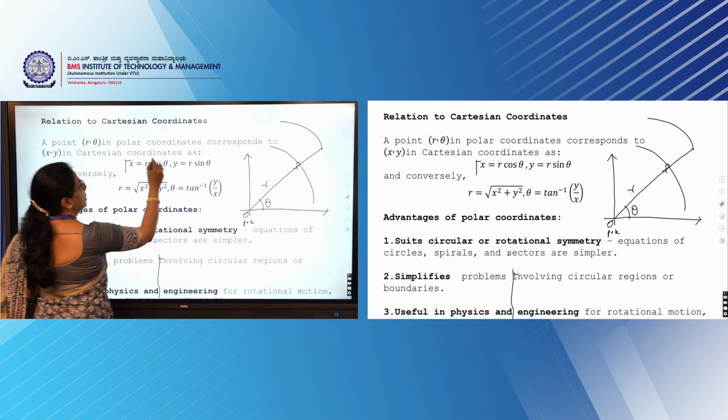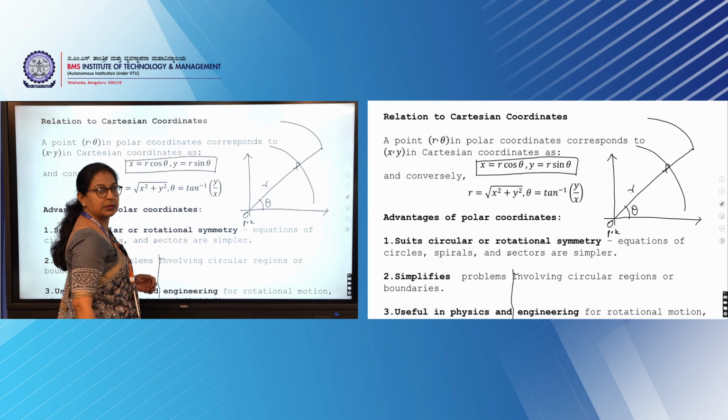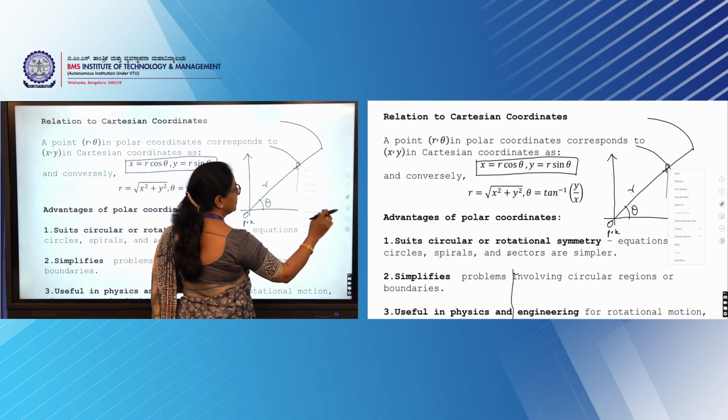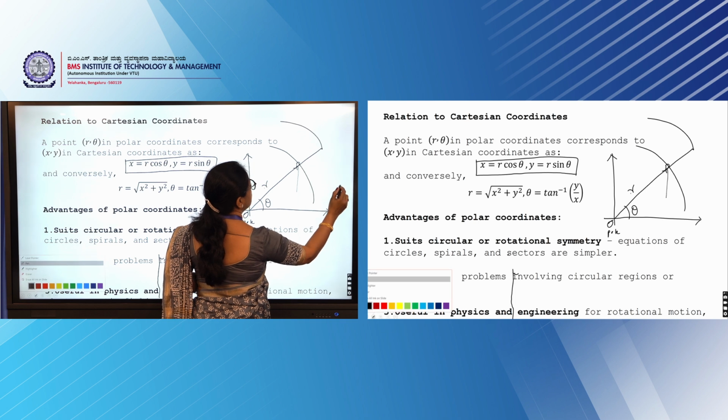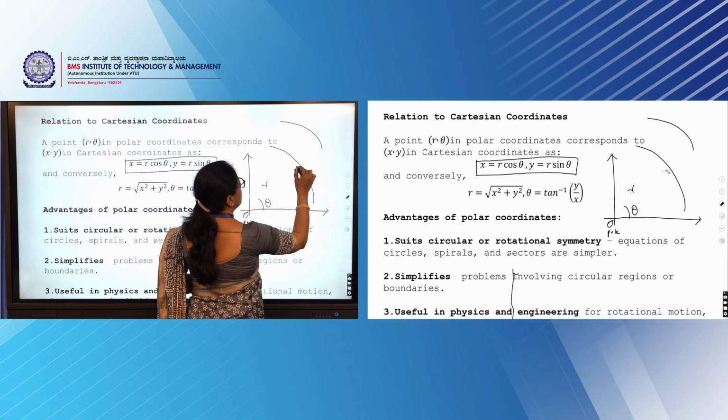x is equal to r cos theta and y is equal to r sin theta. How is that? This is a point, draw a perpendicular.